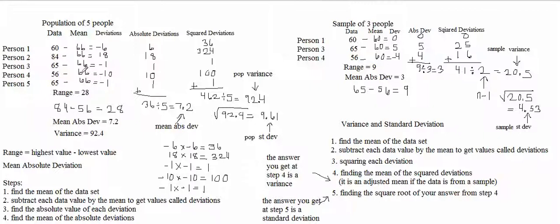So if you think about it, overall, these numbers in the data set are on average about this far or this far away from the mean. Both of these values give you a pretty good idea of how far each number is from the mean on average.